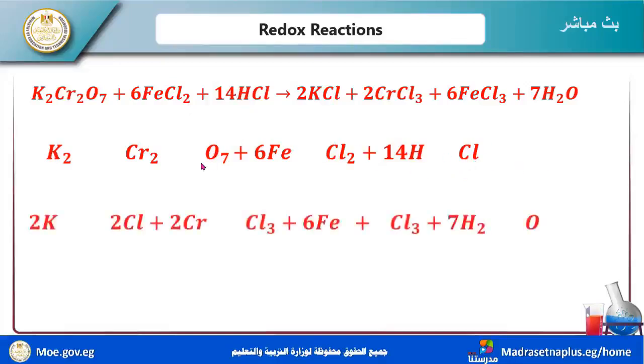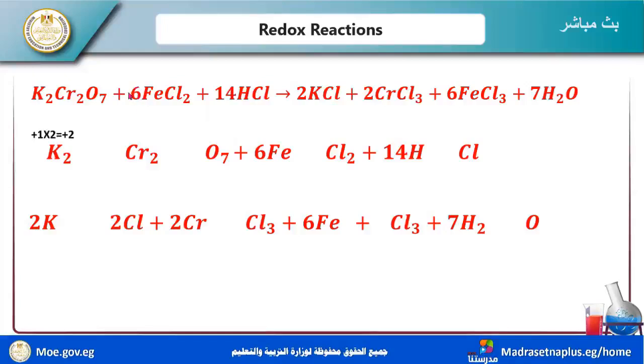Now we have the products: 2KCl, 2CrCl3, 6FeCl3, and 7H2O. The numbers before are for balance only. To calculate the oxidation number, the number before doesn't matter.